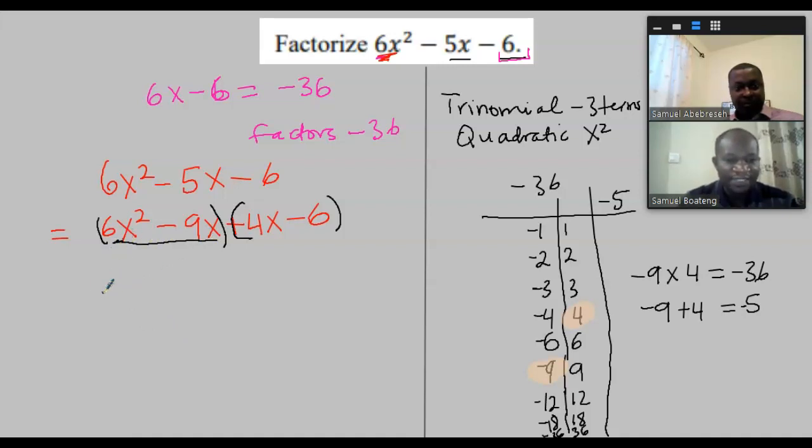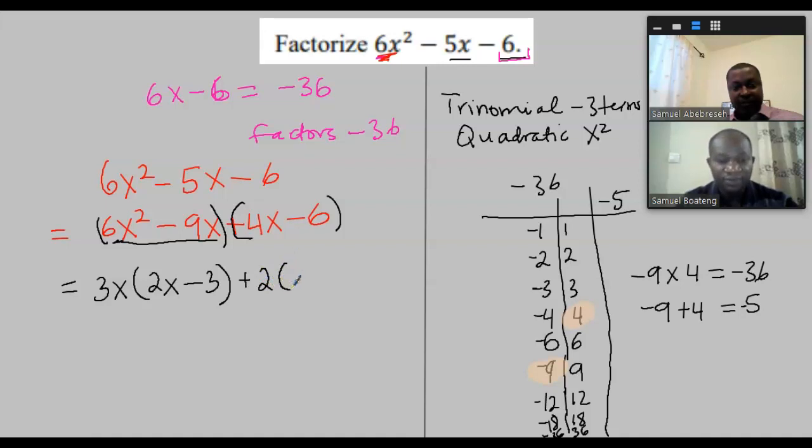So 6x squared and 9x, you could see that 3x can go out. Then 3x into 6x squared is 2x, minus 3, bracket close, plus the second bracket, 2 outside.